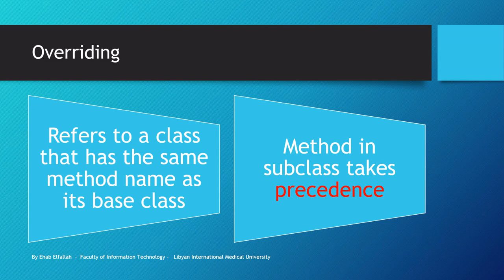For example, if we have a method called test in the base class or parent class, and we want to make another method in the child class with the same name, test, then we have to use overriding. When we take an instance from the child class, the method in the subclass or child class takes precedence. The implementation inside that method, the overridden one, is what will be executed.